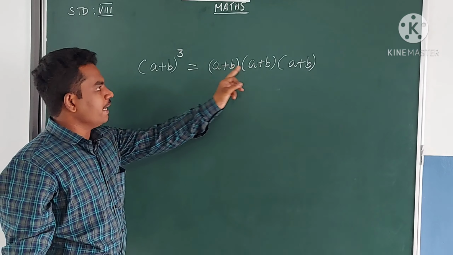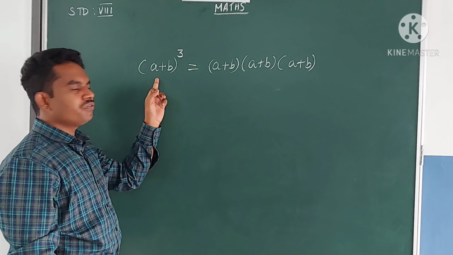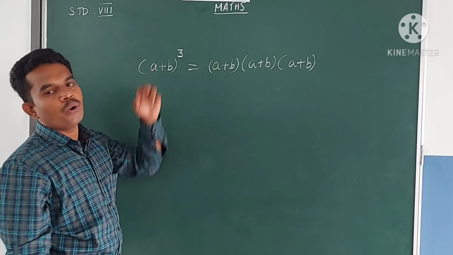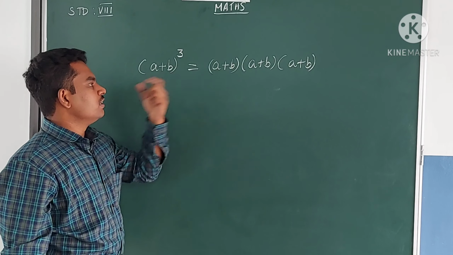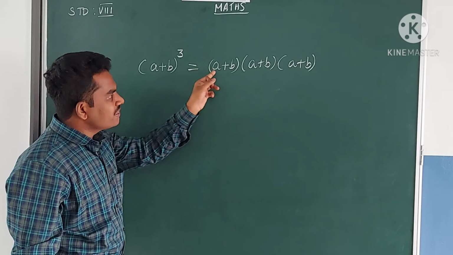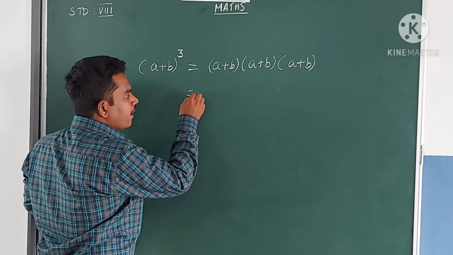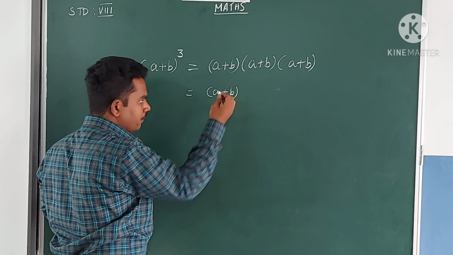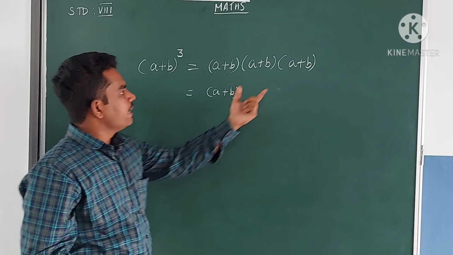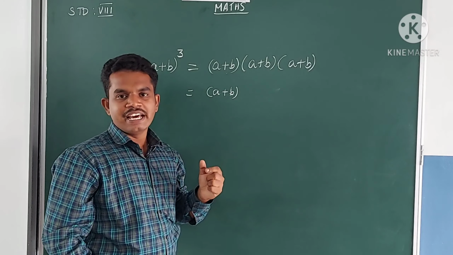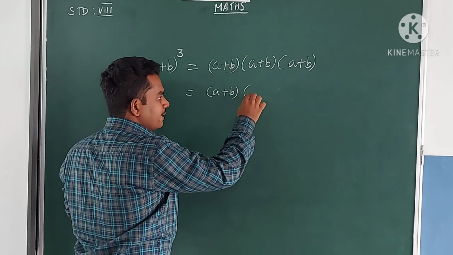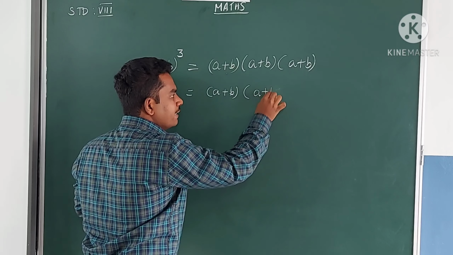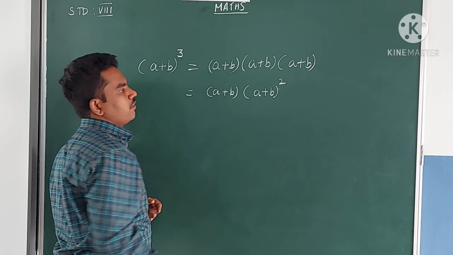The shortest form is a plus b the whole cube. Okay. Next, this can be written as, first term I write the same, a plus b. Next, here a plus b twice is there. So, I write a plus b the whole square.